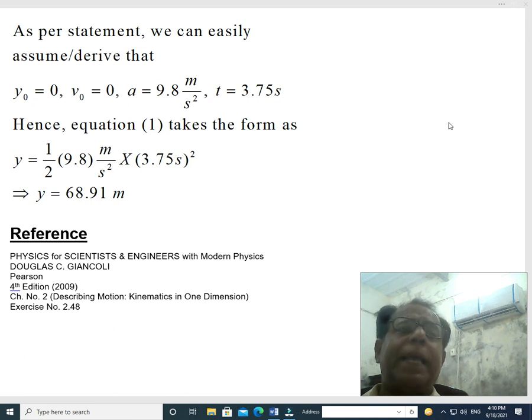Publisher is Pearson and its 4th edition, 2009, is being followed, while the concerned chapter is chapter number 2, which has the title Describing Motion: Kinematics in One Dimension, and the problem number is 2.48, that is problem number 48 of the second chapter. And this is the end of our problem.